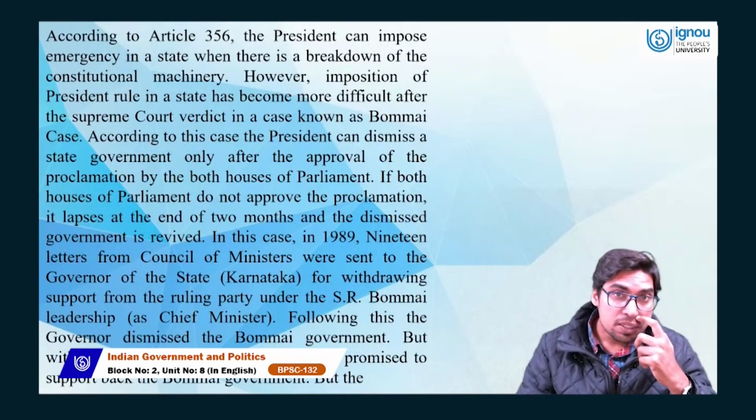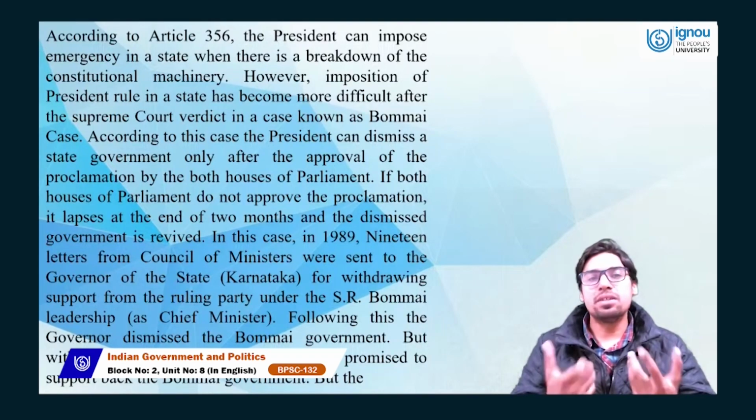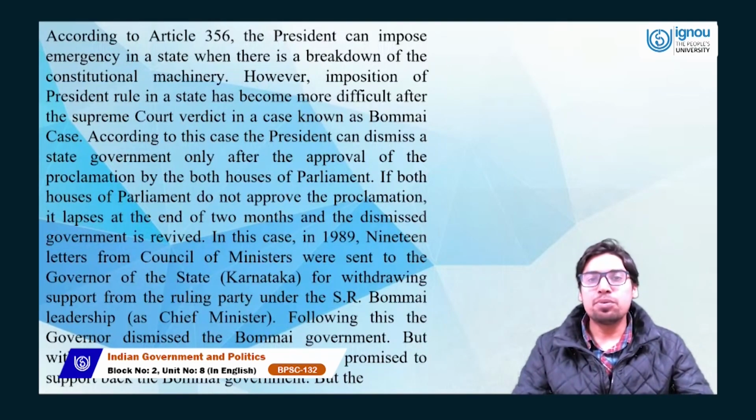According to Article 356, the President can impose emergency in a state when there is a breakdown of the constitutional machinery. However, imposition of President's rule in a state has become more difficult after the Supreme Court verdict in the case known as the Bommai case.